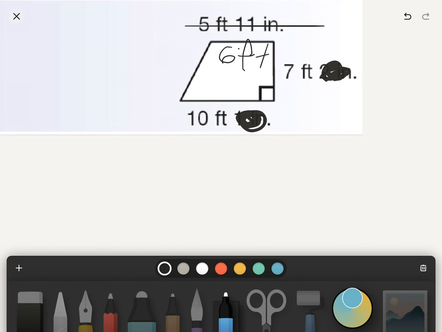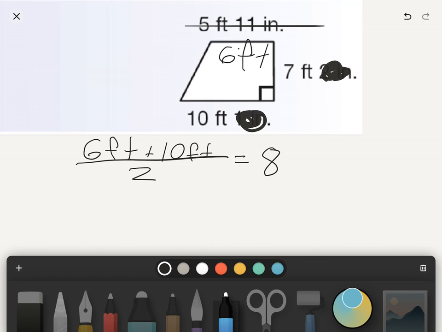Okay, so basically to start, we will average our top and our bottom. So 6 feet plus 10 feet divided by 2, 16 divided by 2, which would be 8 feet.